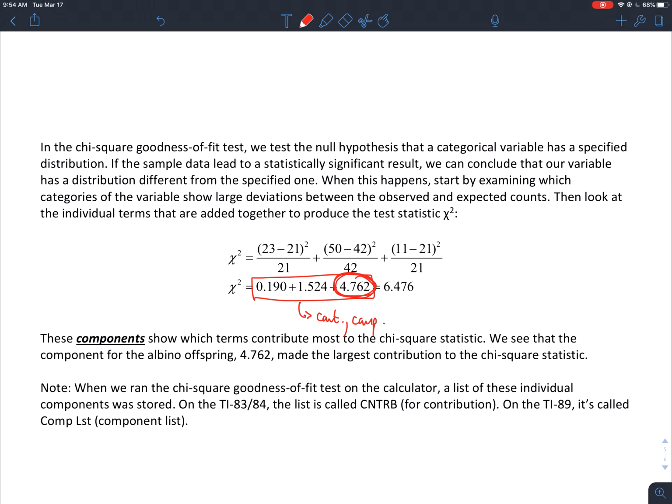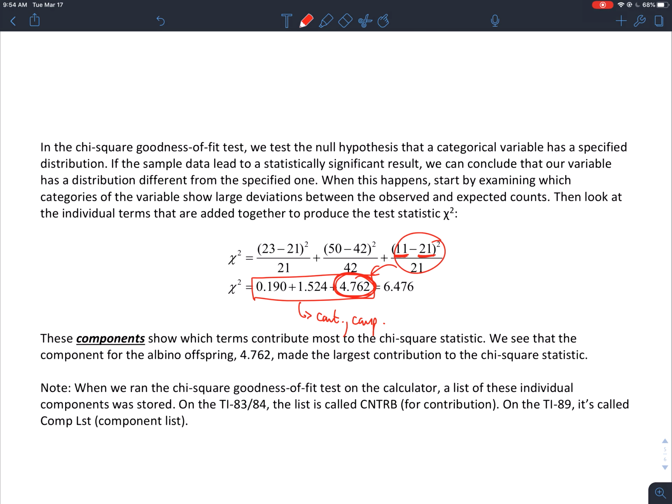And that makes sense because for albino, the number of observed plants and the number of expected plants differed the most. So I can easily say that albino plants' contribution to the chi-square statistic is the biggest, meaning the biggest discrepancy is there.